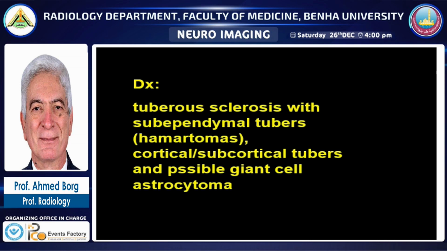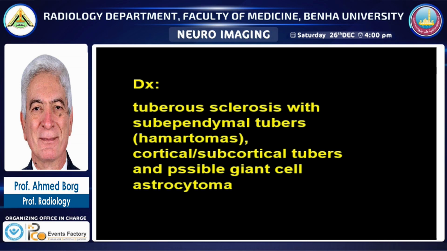Tuberous sclerosis with some subependymal nodules and cortical and subcortical tubers and possible giant cell astrocytoma. Of course, the sure diagnosis of giant cell astrocytoma is enlargement on follow-up studies.